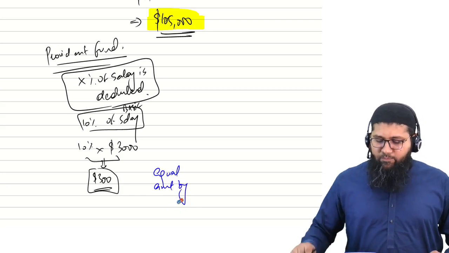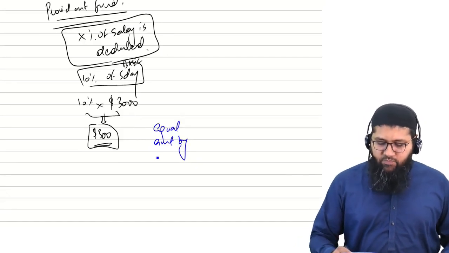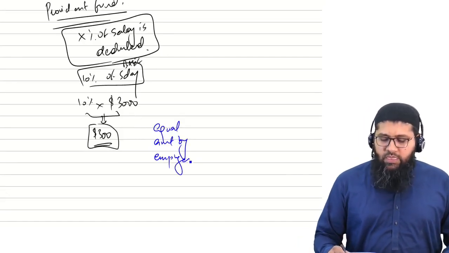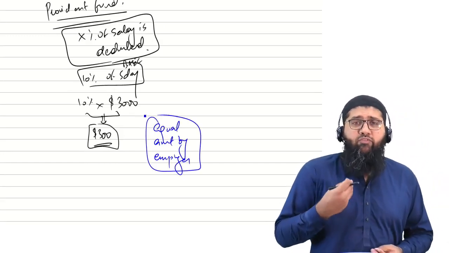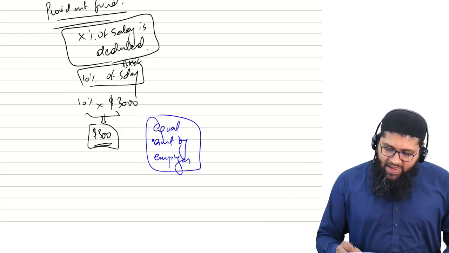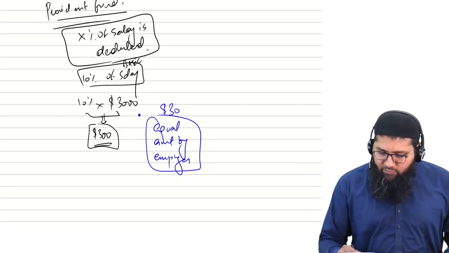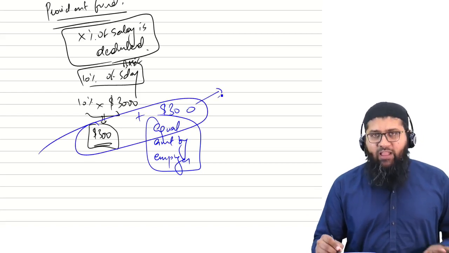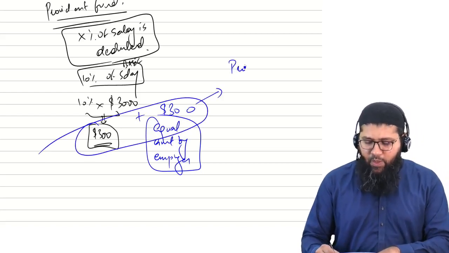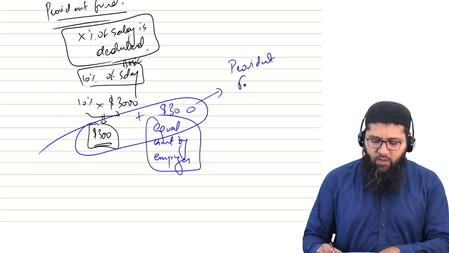Under this Provident Fund, an equal amount will be taken out by the employer from his own kitty. The employer would add up this 300 plus 300 and place it in a Provident Fund account.